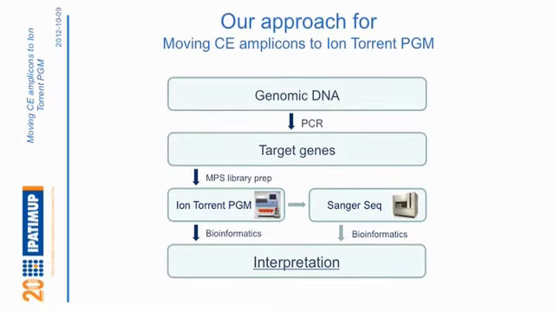So just a quick summary of how we approached this shift, changing our routine work from Sanger sequencing to the Ion Torrent PGM. Basically, we followed the entire procedure using the sample preparation for the Ion Torrent. All calls that are not filtered away during the data analysis pipeline are validated using Sanger sequencing.